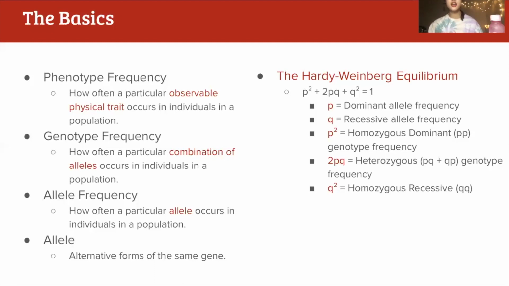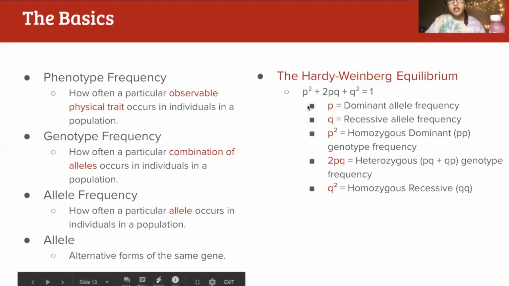Okay, and the Hardy-Weinberg equilibrium. So what is the Hardy-Weinberg equilibrium? If you remember a bit of probability from year 12, p squared plus 2pq plus q squared equals 1. So 1 is sort of the 100% probability.